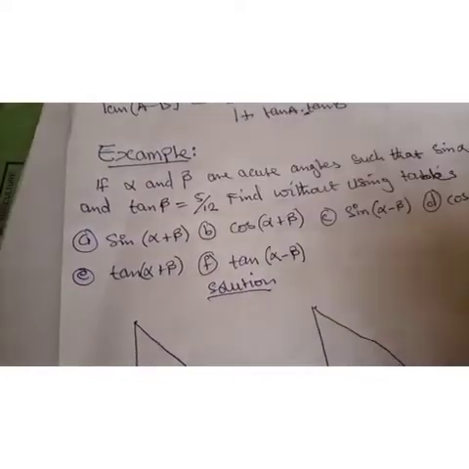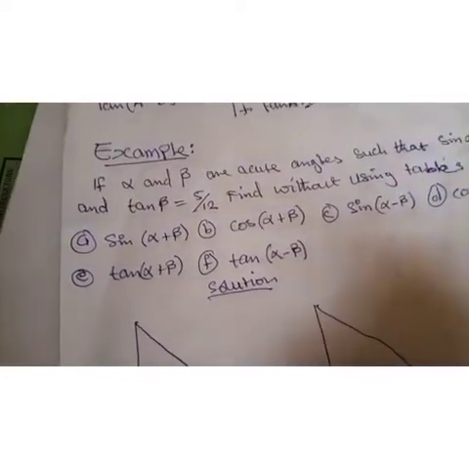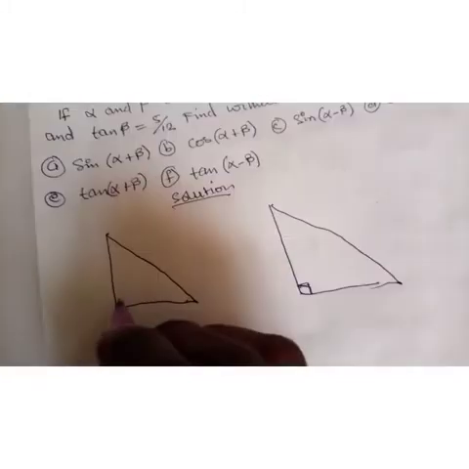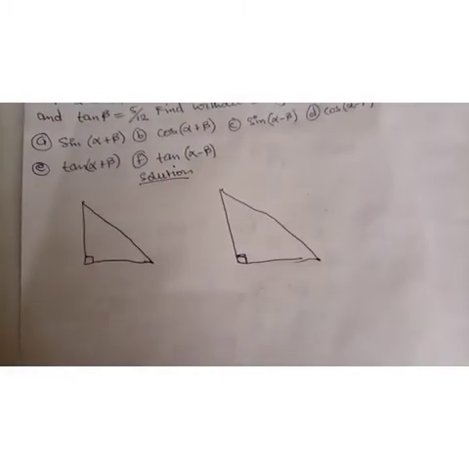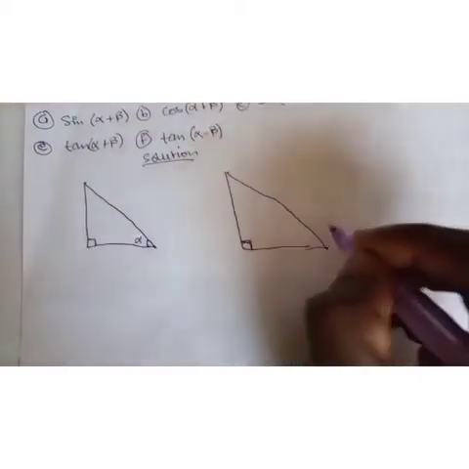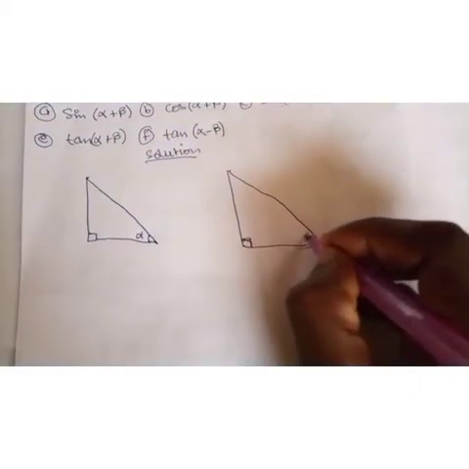Here is 90 degrees, here is 90 degrees, here is 90 degrees. Like I was explaining earlier, this is angle alpha and these are angle beta.